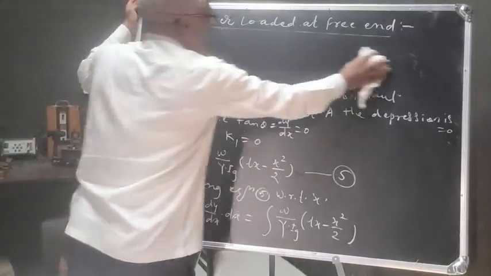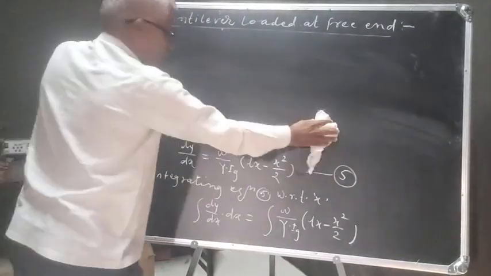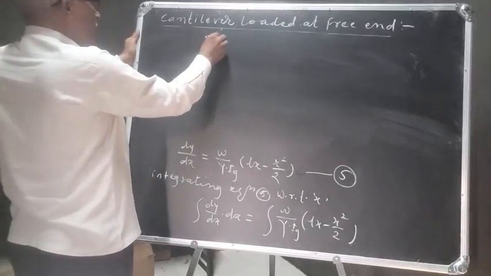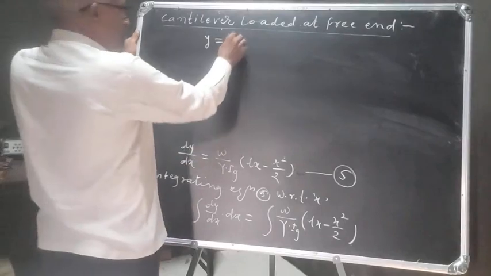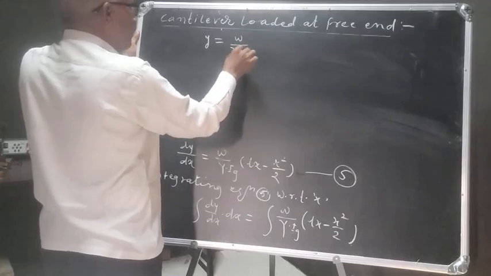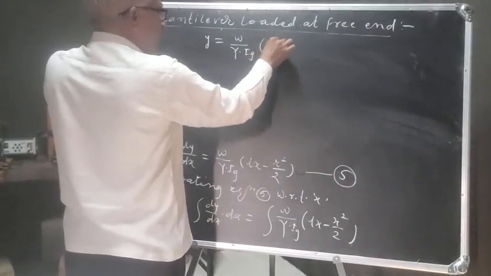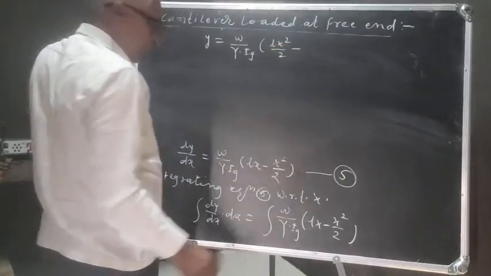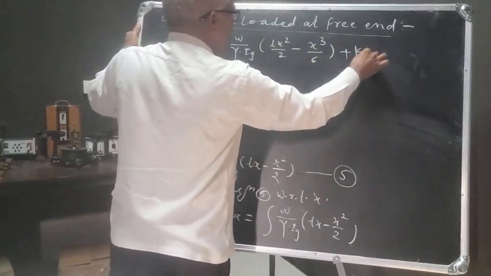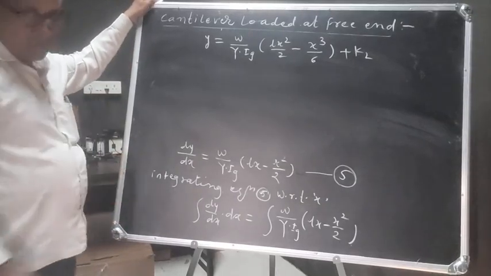Therefore the left hand side is only y, equals W upon Y into Iz, into (Lx square by 2 minus x cube by 6) plus k2. Here, this k2 is also an integration constant.